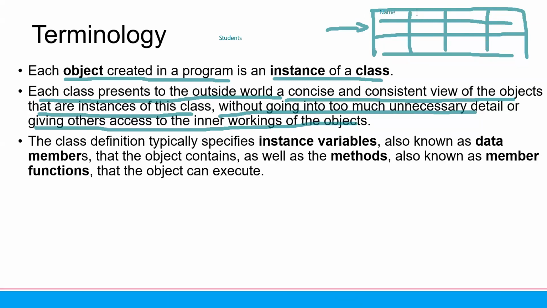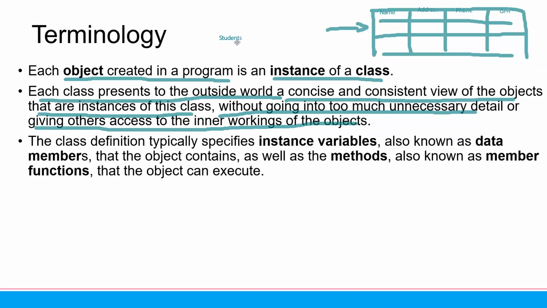I have another object related to, for example, address. Another kind of object related to, for example, phone number. Another object or instances related to, for example, GPA, and so on.